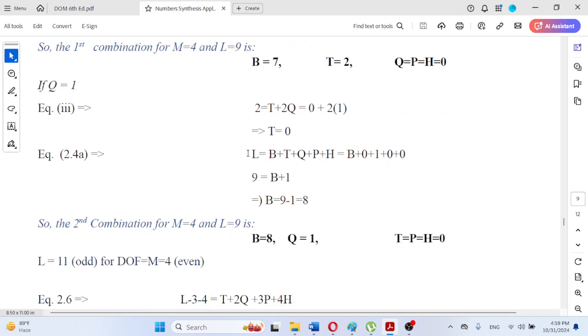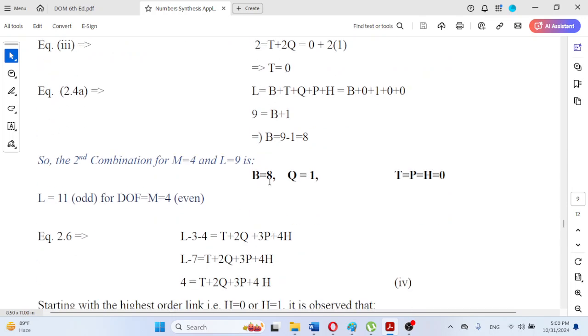The other equation shows that the total number of links is 9, and there is only one quaternary link, and all ternary, pentagonal and hexagonal links are 0. So B will be equal to 9 minus 1, which is equal to 8. So the second combination for M is equal to 4 and L is equal to 9 is 8 binary links and 1 quaternary link, and all ternary, pentagonal and hexagonal links are 0.